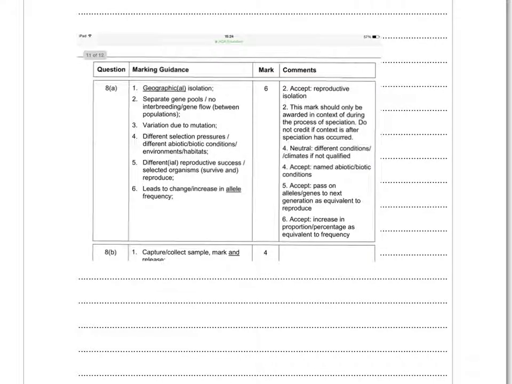If you look at the mark scheme as well, there are different marks you can get. Obviously, naming an abiotic or biotic condition, or saying that alleles are passed on to the next generation. But I think many of you weren't saying that basically you'll get an increase in allele frequency.